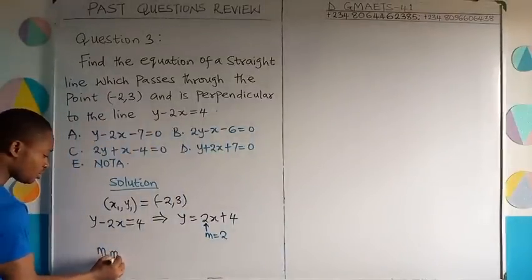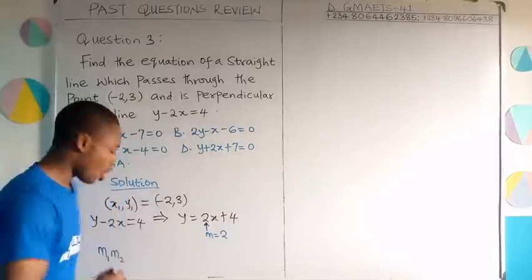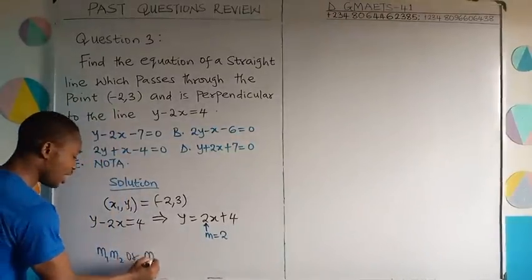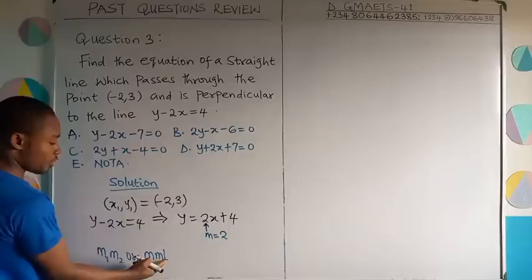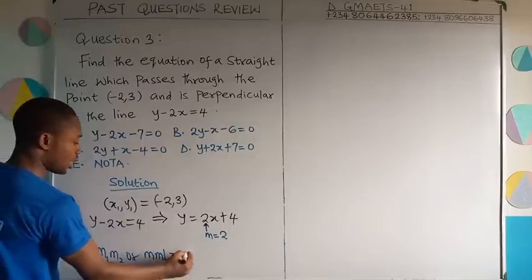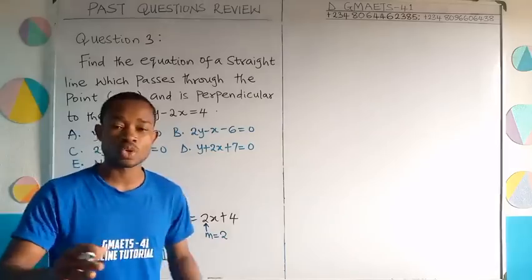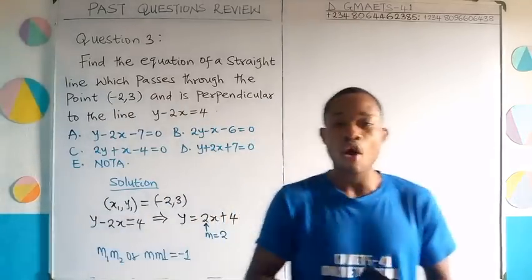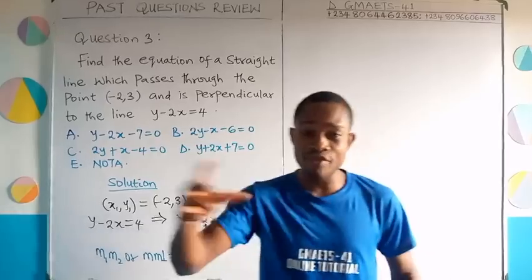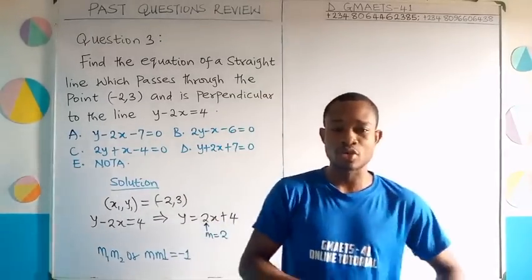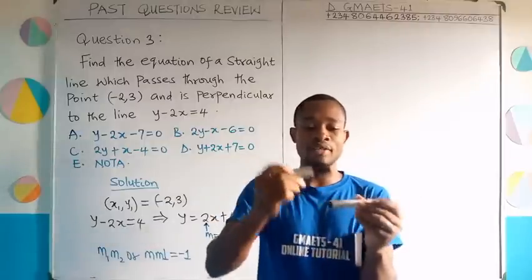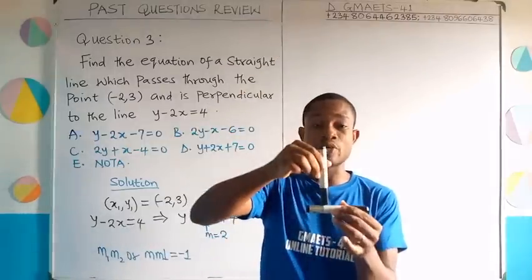m1 times m2. I can use this, or I can simply say m times m perpendicular. This symbol I'm using to represent m perpendicular is equal to minus 1. And this is the relationship between the gradient of a given line and the gradient of another line that is perpendicular to it. So just imagine I have this straight line, and then this one is perpendicular to it.